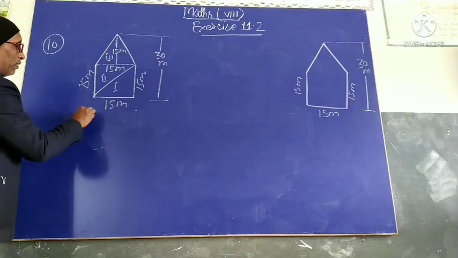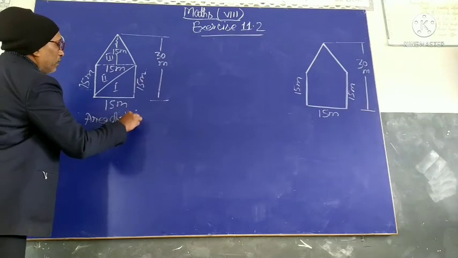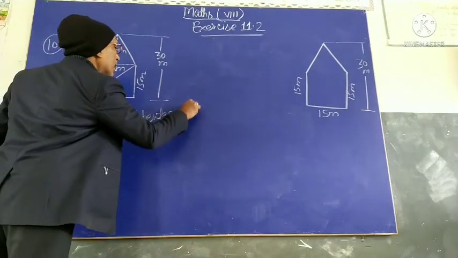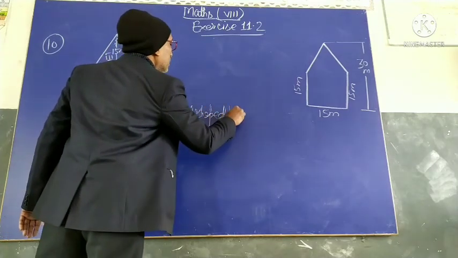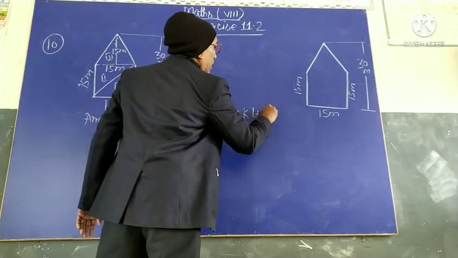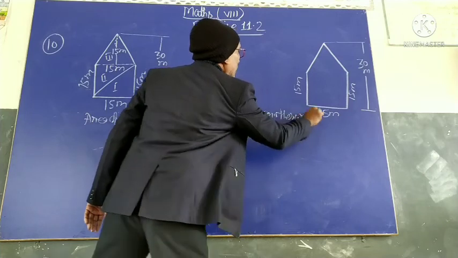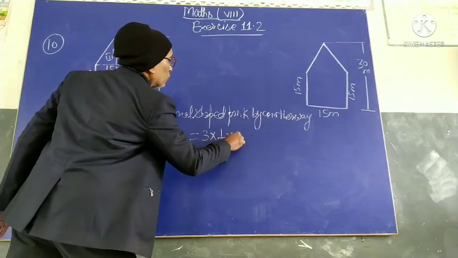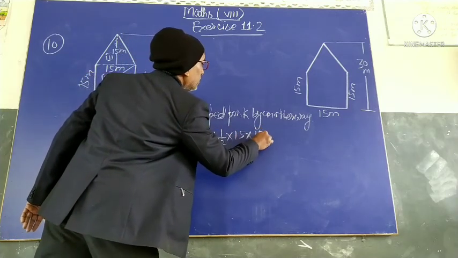Therefore, area of the pentagonal shaped park by another way is equal to 3 into 1 upon 2 base into height.